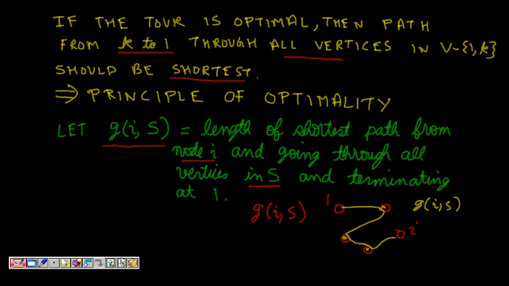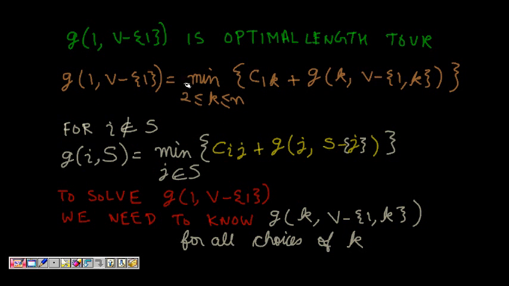So now let's see what happens. If I take G(1, V minus {1}), it is the optimal length tour. This gives me the tour because I start from node 1, then I go through all the nodes in the graph except node 1, and it comes back to 1.